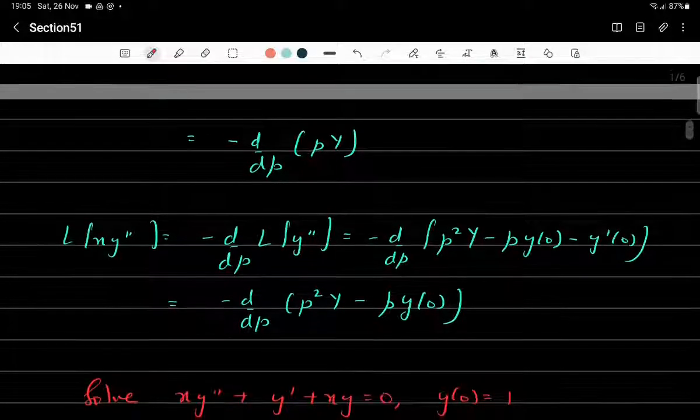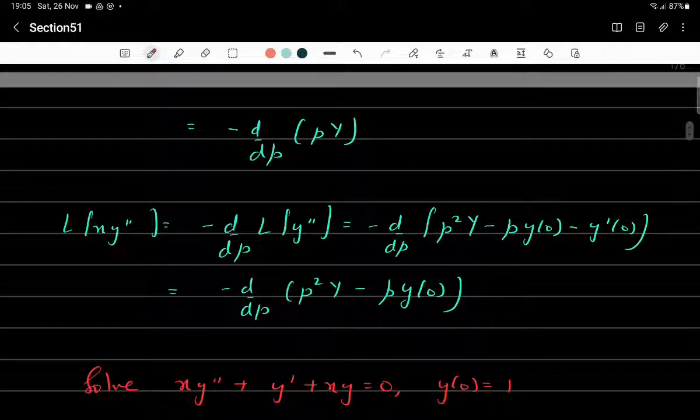Now let's try to solve the following differential equation: xy double dash plus y dash plus xy is equal to 0, where y naught is equal to 0. If you look at this differential equation, without knowing anything, can you tell me the answer?